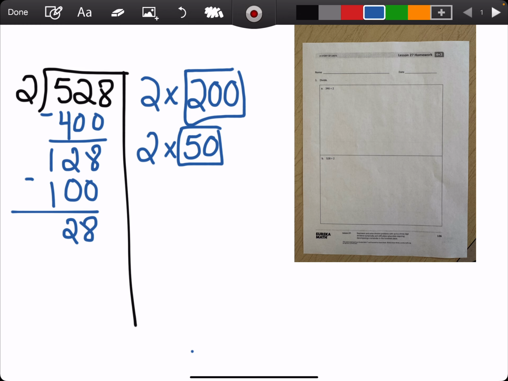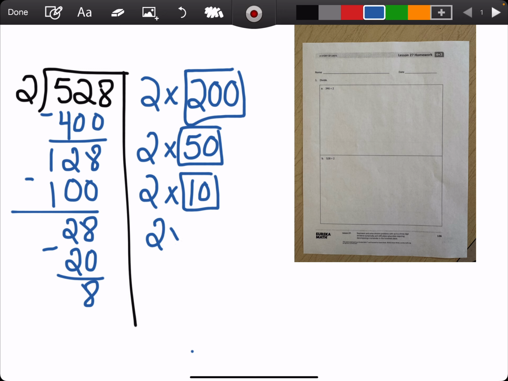Now, some of you may know, well, half of 28, 2 times 14. I can do that. But let's say you don't think that, and you say, oh, it's a small number. What about 2 times 10? Okay, which is 20. And now I have 8 left. 2 times what will give me 8? 2 times 4 will give me 8.